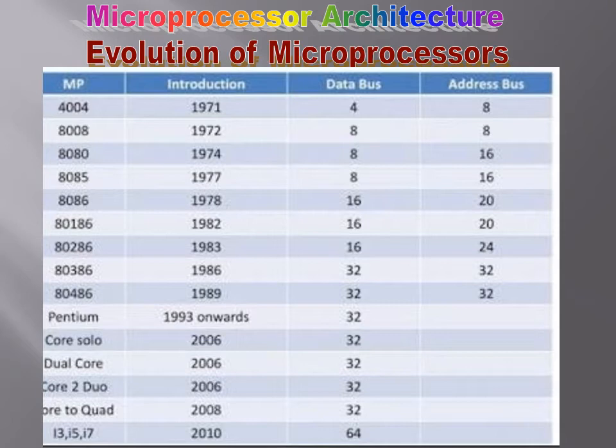Later on we go through various development stages of microprocessors and reach i3, i5, i7 in 2010, and you see that we move from 4 bits to 64 bits.